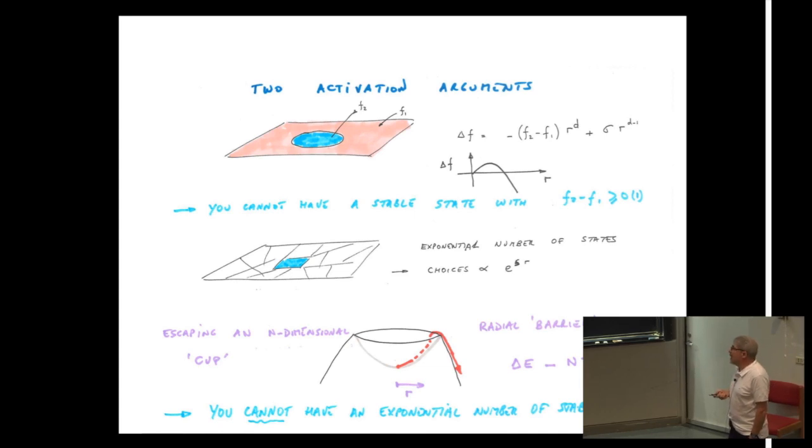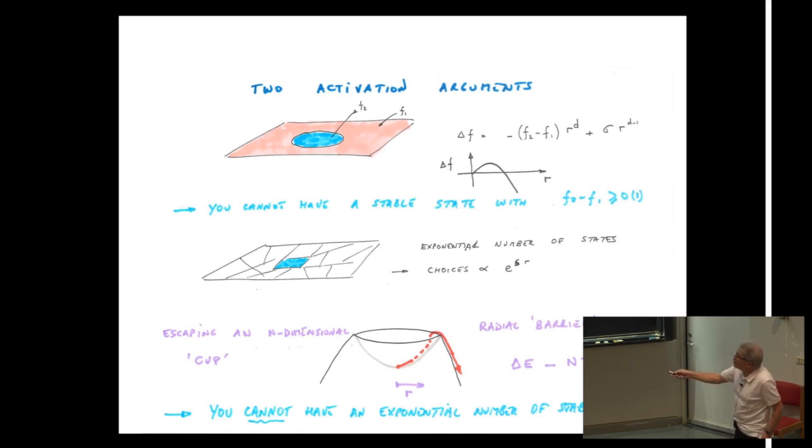Another thing that is a bit less discussed is that even if they all had the same free energy, and you had many metastable states, the blue, but also a red, and also a green, and what have you, many different possible states. So it could be an object that has different forms of order. You cannot have an exponential number of them. This is much more subtle and perhaps a little bit less known. So you cannot have an exponential number of different states. In the same way that a ferromagnet has an up and a down state, you cannot have a system where the possibilities are exponentially many.